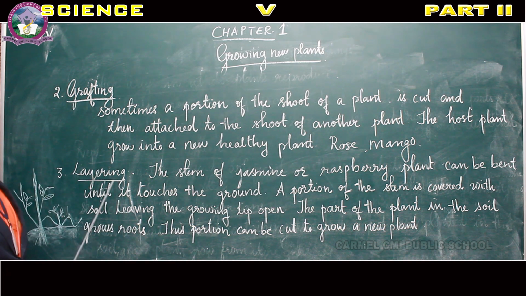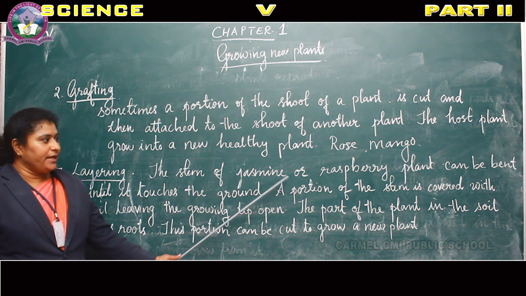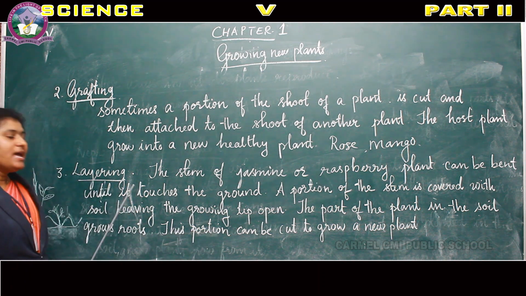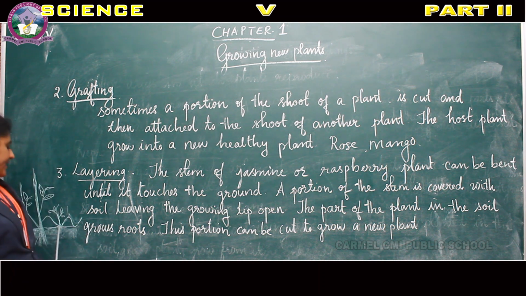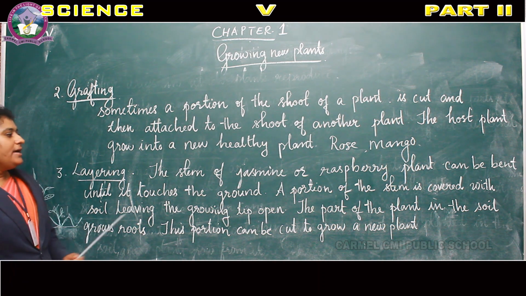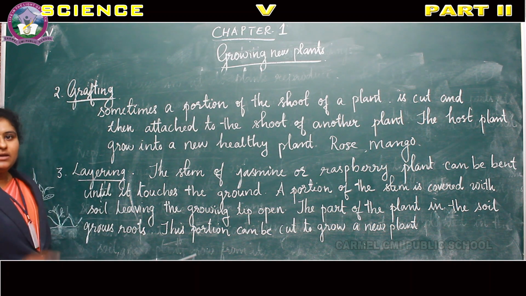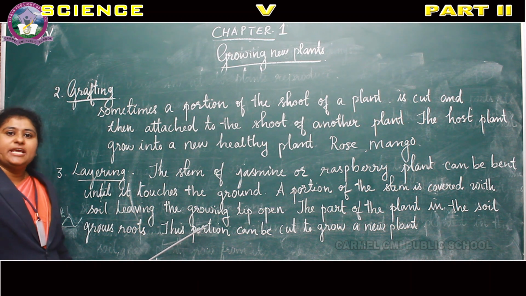Next is layering. The stem of jasmine or raspberry can be bent until it touches the ground. Then a portion of the stem is covered with soil, leaving the growing tip open.